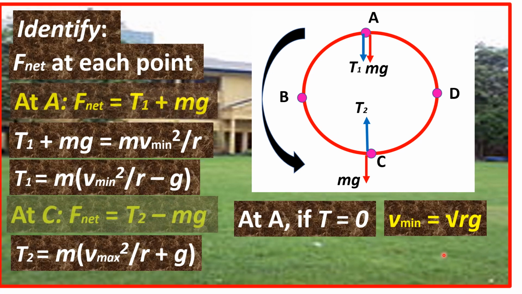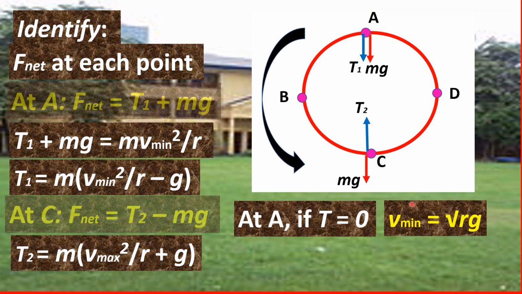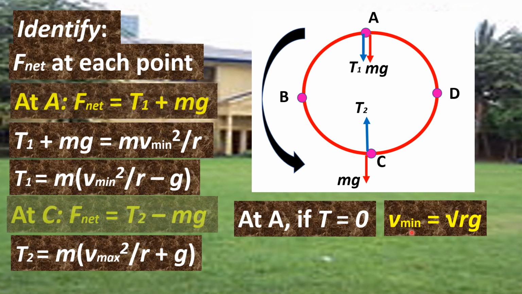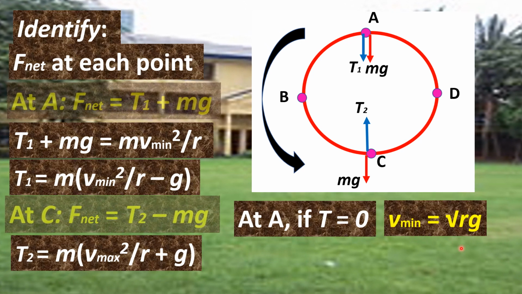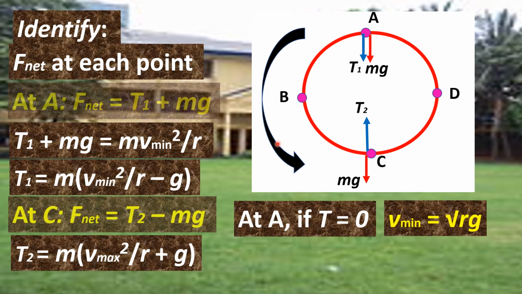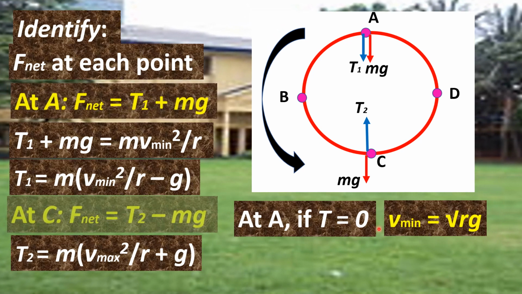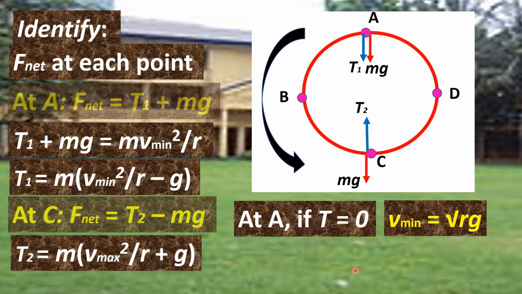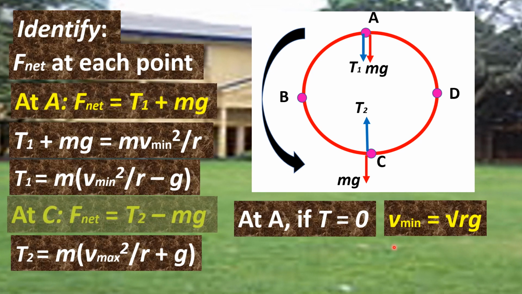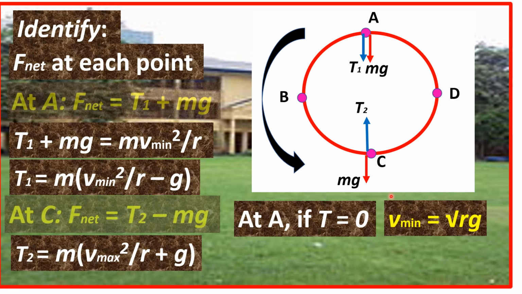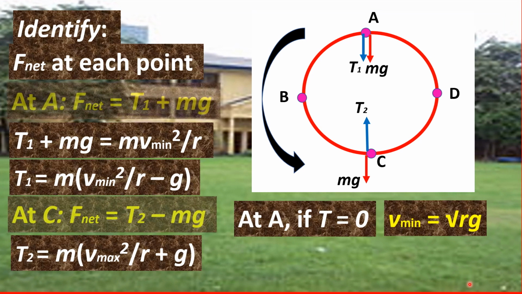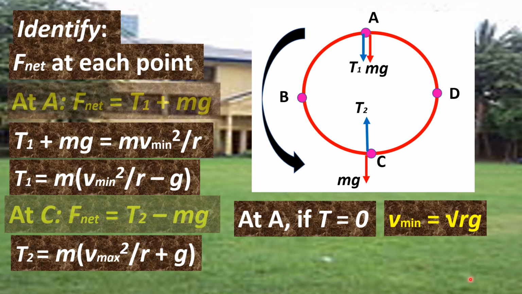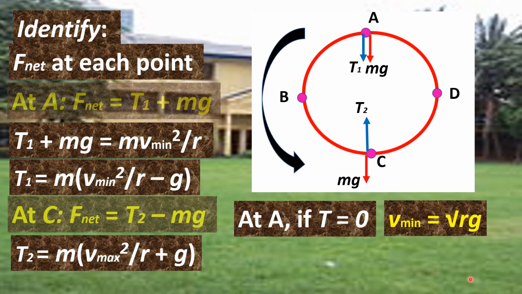All right. So this derived formula for the critical speed or velocity is important, especially when we are describing the motion of objects like artificial satellites that are orbiting the Earth.